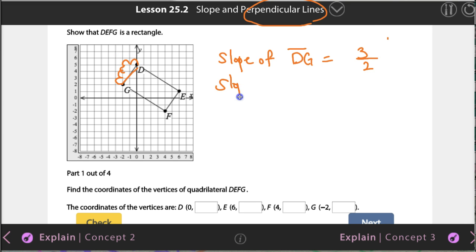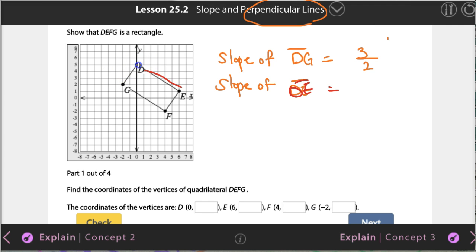What about the slope of DE? Let's use a different color. So that's DE right there. Slope of DE. Same thing, but from here, you always start from the left, but to get to E, you have to go down. But how many do you have to go down? So let's look at the red line.